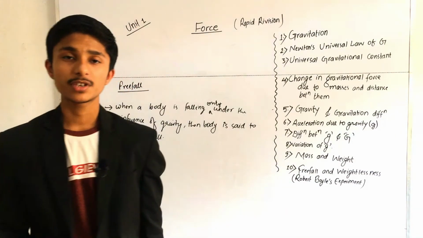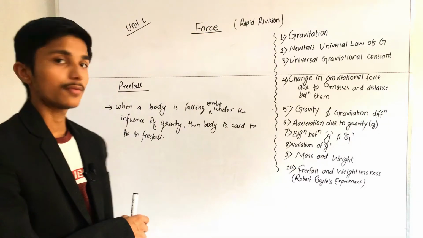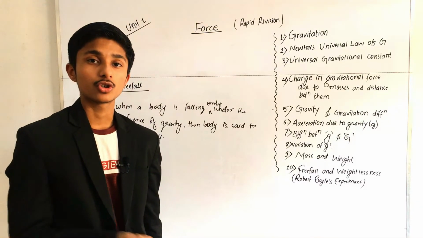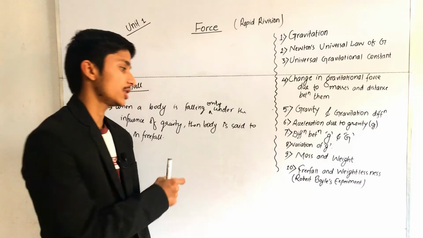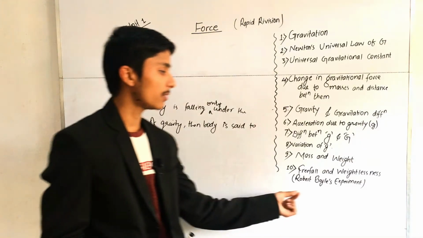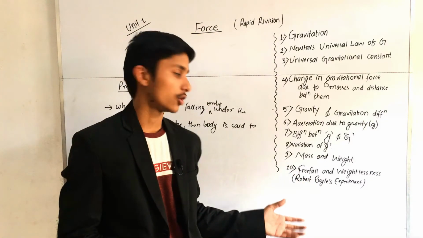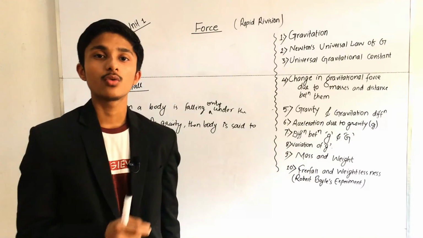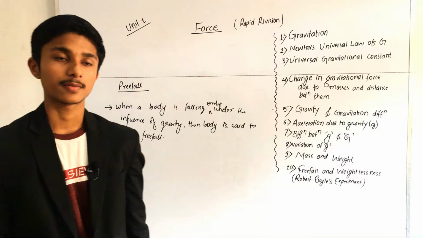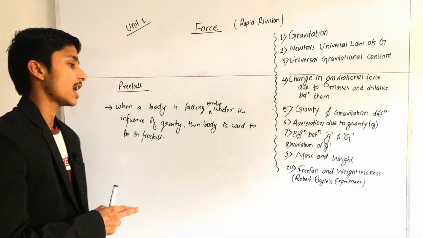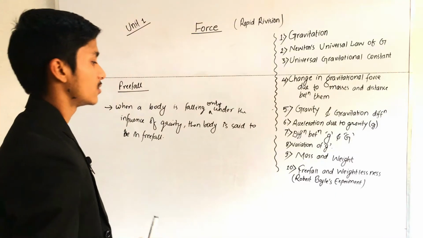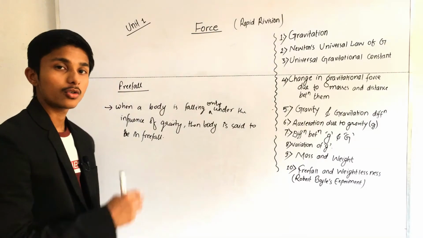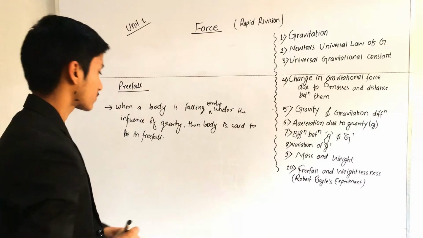He did not accept the statement of Galileo Galilei. So to test the statement, he performed one experiment known as Robert Boyle's experiment, or popularly known as the coin and feather experiment. In a previous lecture, I have also discussed this topic.